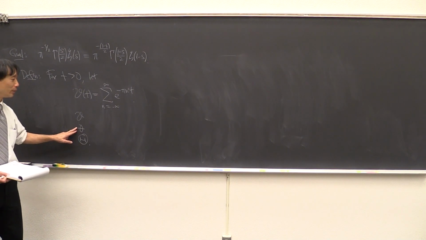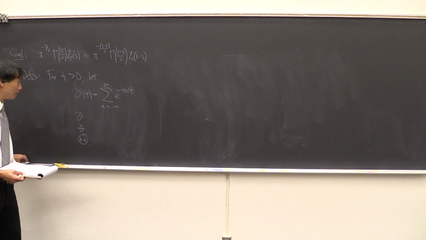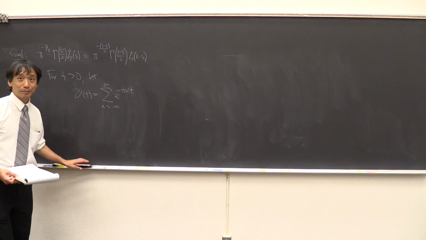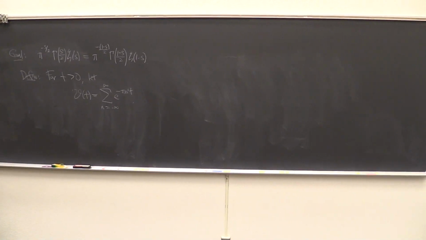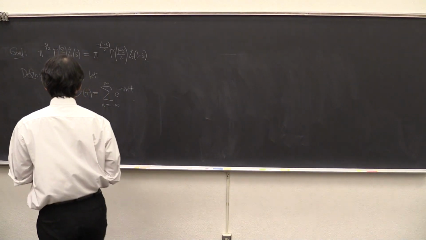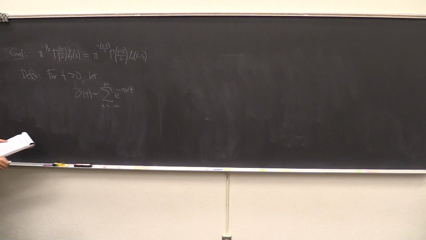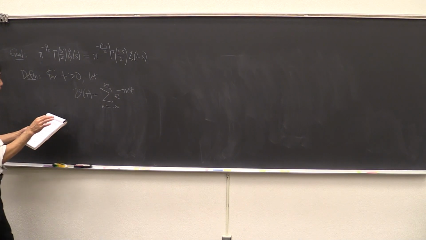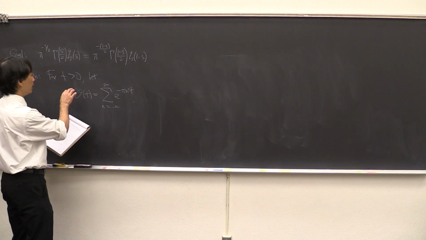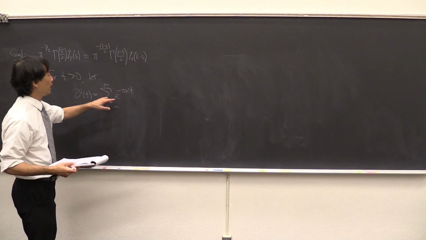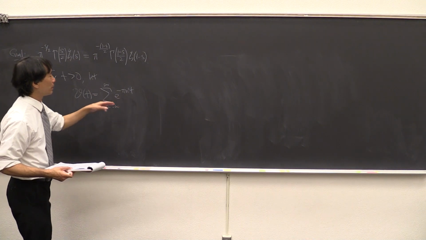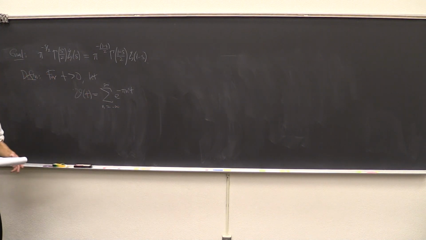This symbol is actually used for a different variant, so we have to use this symbol. Just a second. Okay, so let's get that. Okay, so this is the theta function, and you see that this converges. It definitely converges for t bigger than 0.